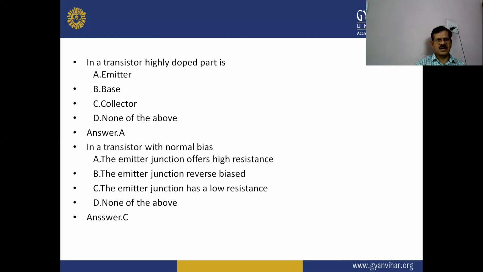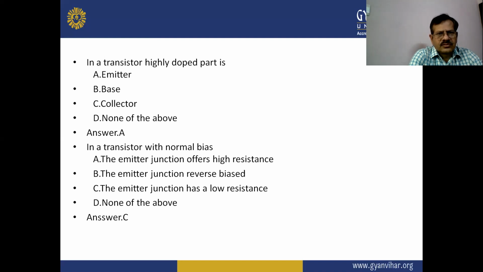So in a transistor, there are a total of three terminals. One is the emitter, the second terminal is the base, and the third terminal is the collector. The highly doped part of the transistor is the emitter, but the base is very lightly doped, and the collector region is moderately doped.